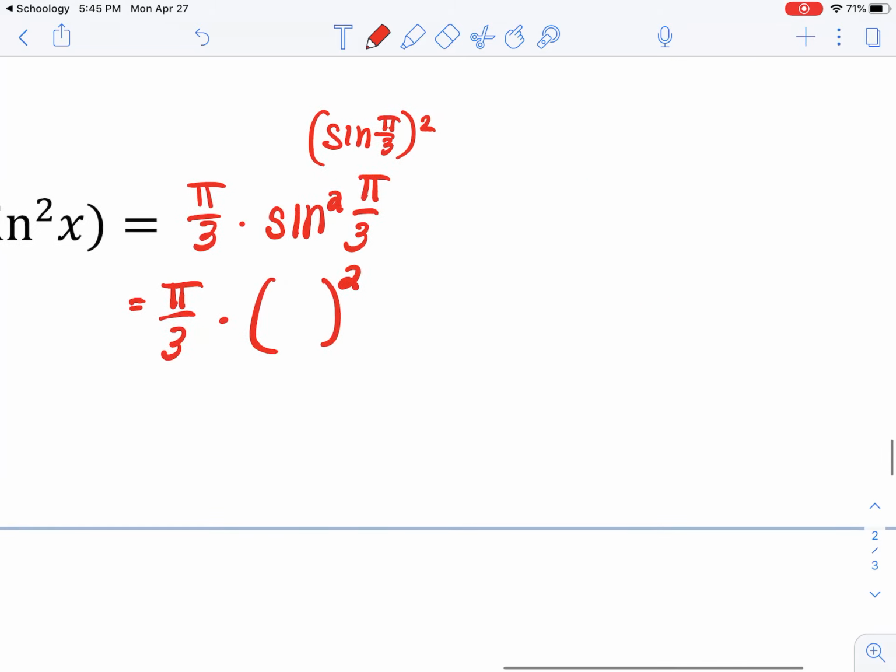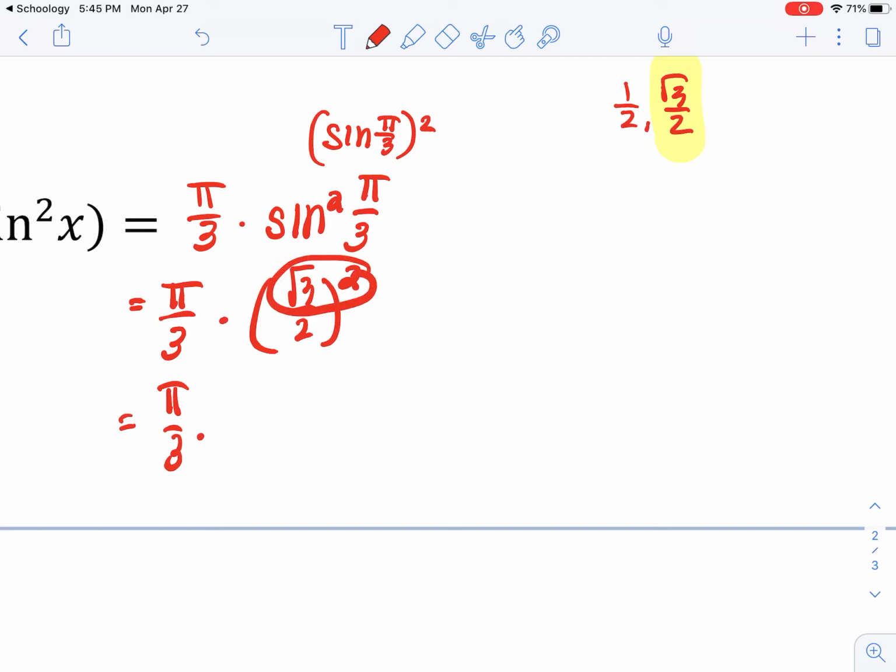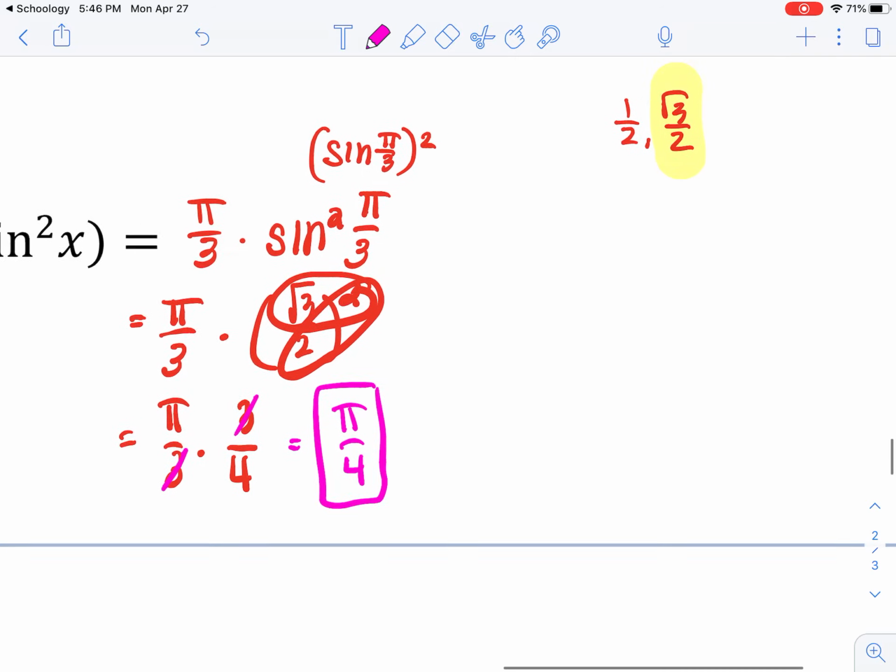Okay, so I need the sine of pi over 3, so think about pi over 3. It's the same thing as 60 degrees, which is the ordered pair 1/2, root 3 over 2. The sine is the y value. So we're going to put root 3 over 2 here. And now I need to see what this is. So that's pi over 3 times root 3 squared, which is 3. 2 squared is 4. And then I can simplify 3 divided by 3. 3 divided by 3 is 1. So I get pi over 4 as my final answer.